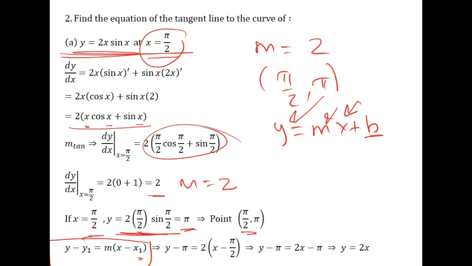But if I plug it in here, y1 is pi, which we see right here. m is equal to 2, which we said right here. And x1 is the value we're given initially, which is pi over 2. You plug those in, and we'll see that the pi's cancel, and you're left with y equals 2x. And that is the equation of the tangent line to this curve at that point.